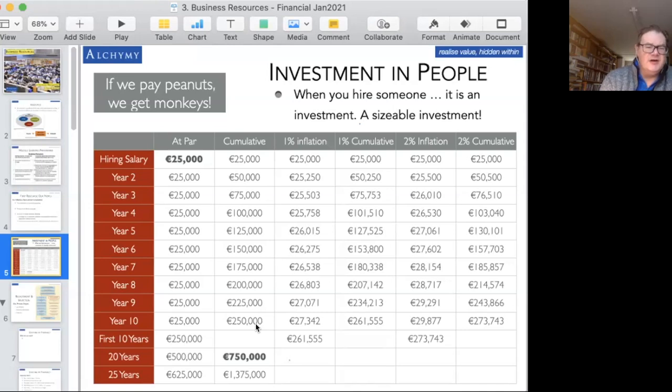Now, obviously, not everybody stays the same length of time, and not everybody's paid the same amount of money. But it is a sizable commitment that we're looking to make. That's what we're investing in our people.